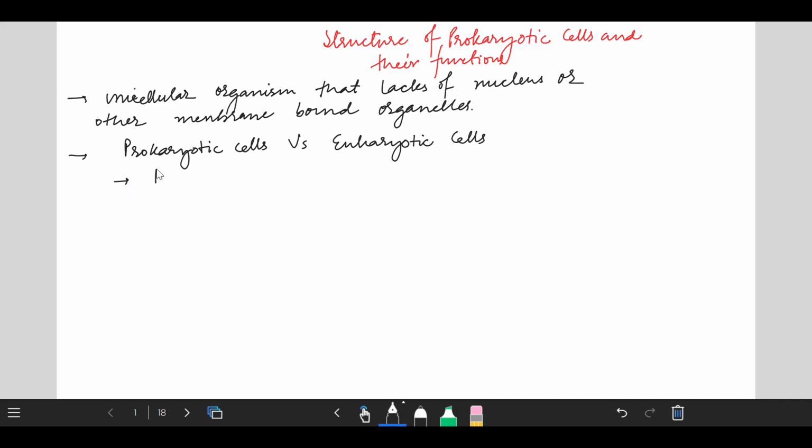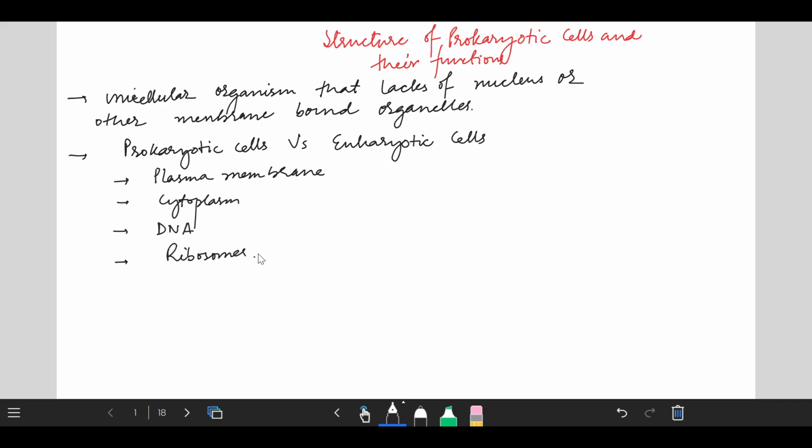First one is the plasma membrane, also known as the cell membrane. We can see it in prokaryotic cells and also in eukaryotic cells. Second one is cytoplasm. The third one is DNA. And the last one is ribosomes. So these are the 4 components which are common in prokaryotic and eukaryotic cells.